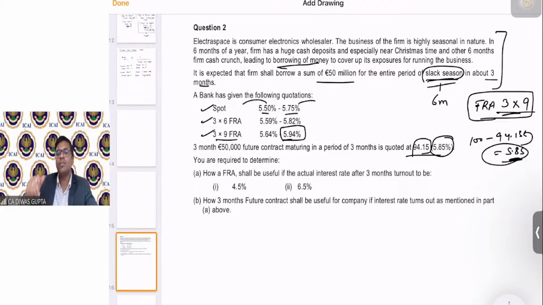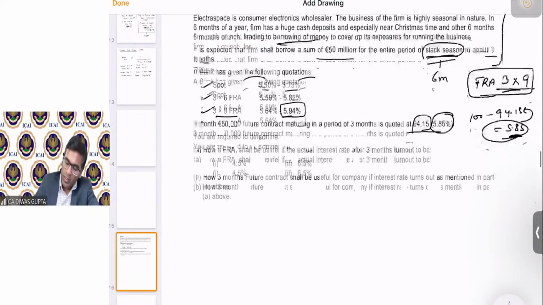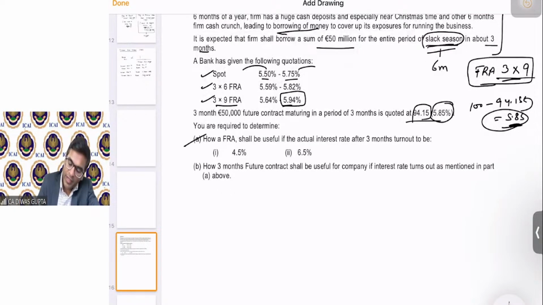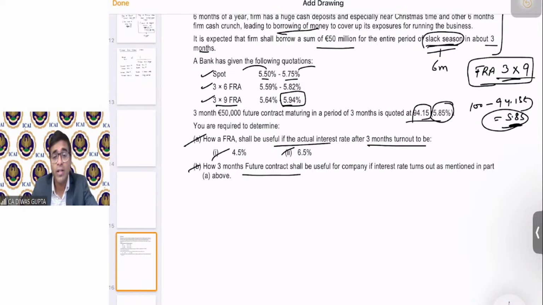Okay, there is a relationship that we can quote. Now, you are required to determine how a FRA shall be useful if the actual interest rate after 3 months turns out to be 4.5 or 6.5. Second is how the 3 months futures contract shall be useful for a company if the interest rate turns out to be as mentioned in part A above.